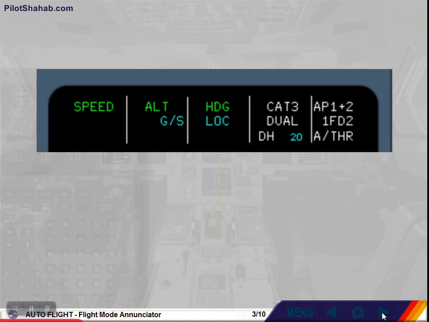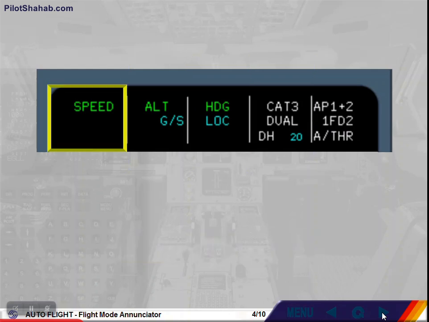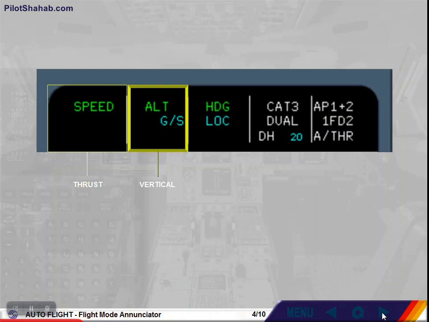Let's discuss the FMA in more detail. As you can see, the FMA is divided into 5 columns. The first column is dedicated to thrust. This is where the autothrust modes appear. The second one displays the vertical modes of the autopilots and flight directors.